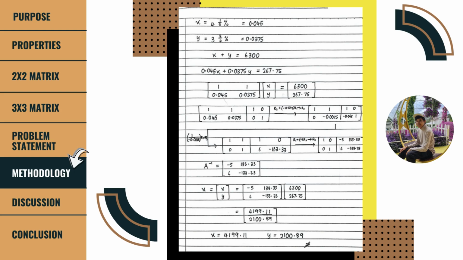After we use this method, like in the slide shown to you right now, we will get the inverse of the matrix A. Then, we will use the formula x equal to A inverse B in order to get x and y. By the end, we will get x equal to 4199.11 and y equal to 2100.89 as the final answer.